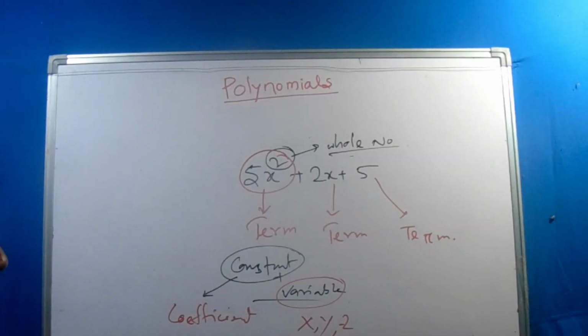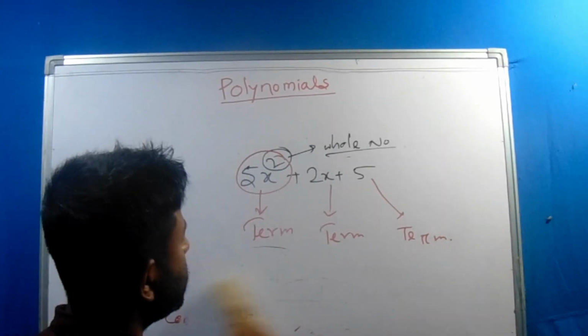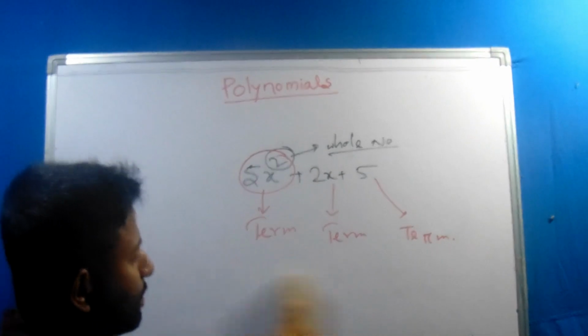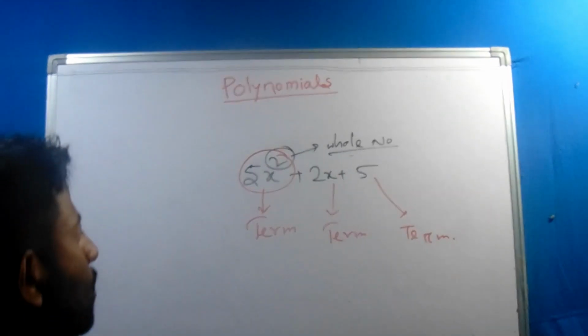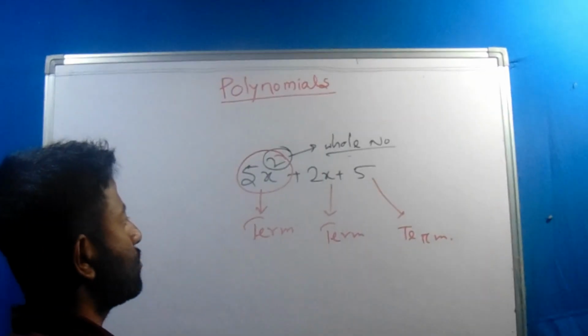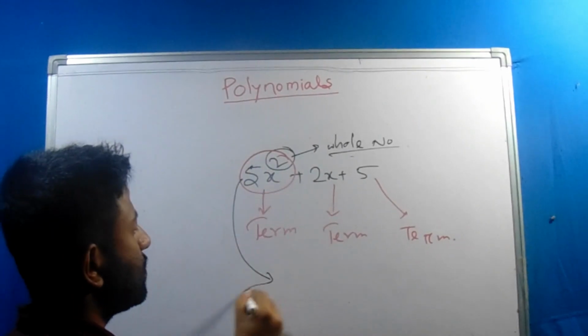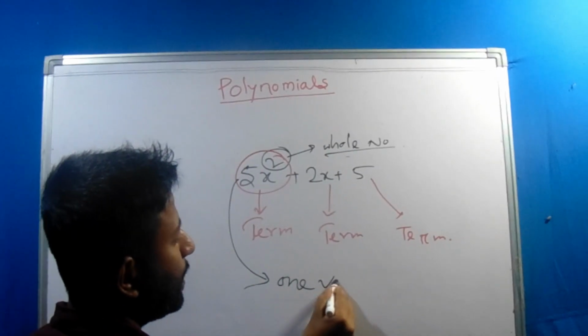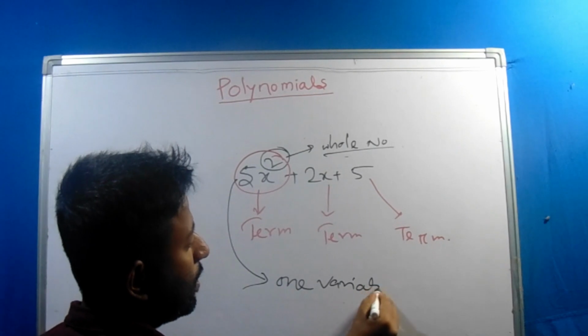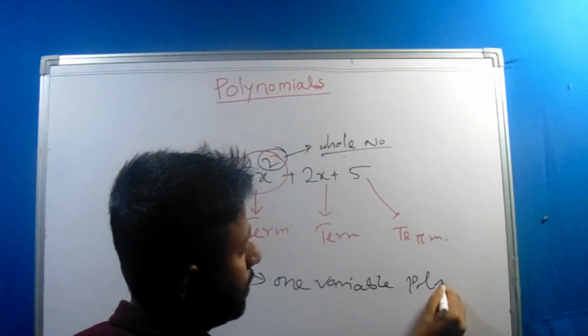Okay. Now there are various kinds of polynomial equations. If an equation consists of only one variable, then this is known as a one variable polynomial. So suppose this equation, I can write this one is a one variable polynomial.